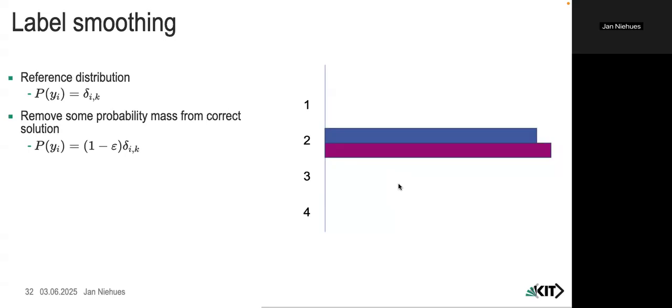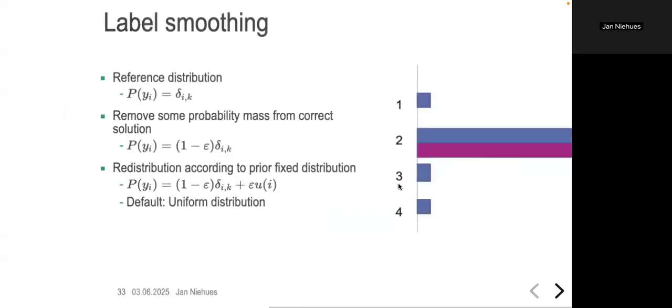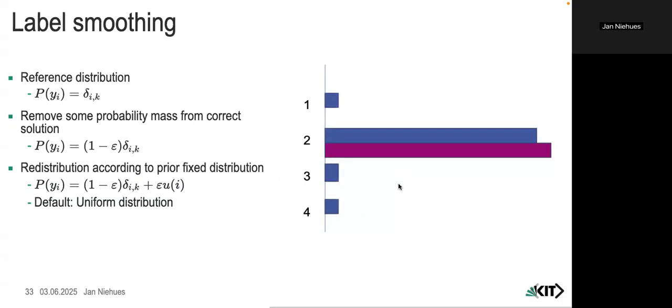And now you have additional probability mass, which you can distribute. And now, of course, there are a lot of ways of how you can distribute your probability mass to other things. The easiest one is always to take the uniform distribution, just saying that you distribute your epsilon across all the others with equal distribution.